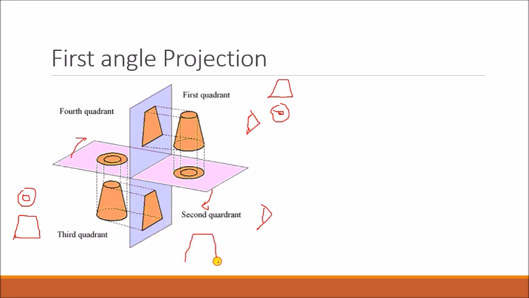Your front view will be here and top view will be on it, so it will be very difficult to identify which is front view and which is top view. Same way on this side, once you close this, the vertical plane and horizontal plane match each other, so it is again very difficult to identify front view and top view. For that reason, we use only first angle or third angle, and for your syllabus you have only first angle projection, that is drawing like this.